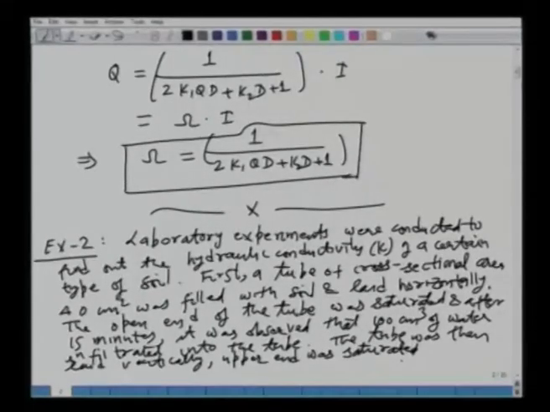So that the water will travel in the vertical direction now, and the amount of water infiltrated was measured.